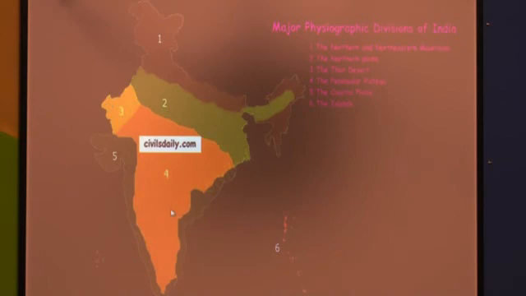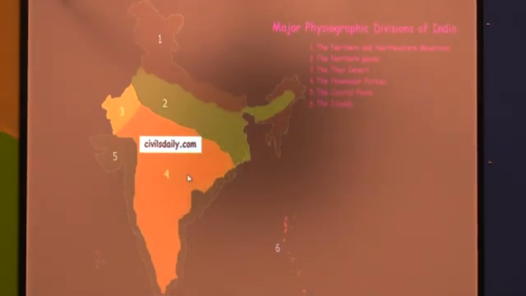Fourth physical feature, the oldest landmass on our earth's surface, is called the Peninsular Plateau. Fifth, from Gujarat to Kanyakumari is the western coastal area, and from West Bengal to Kanyakumari is the eastern coastal plain area. And the last physical feature: the islands, in the Bay of Bengal the Andaman and Nicobar Islands, and in the Arabian Sea the Lakshadweep Islands.